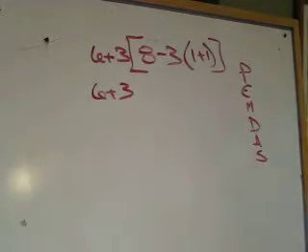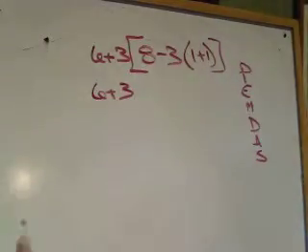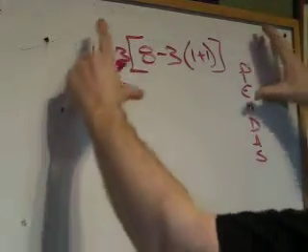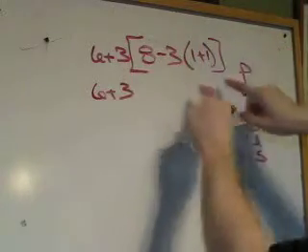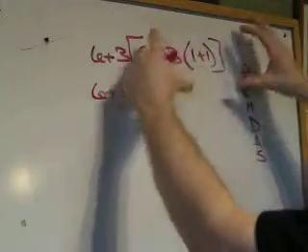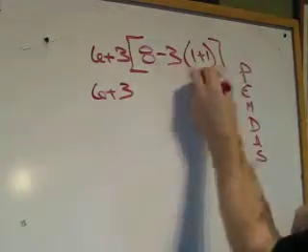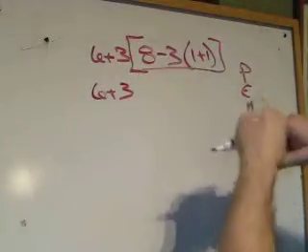Now, one of the things that's really, really important when you've got multiple sets of parentheses, brackets, braces, etc., is you start with the innermost and work your way out. So we're going to start with the 1 plus 1, do that first, and then work our way out within these. And then once we get this whole thing down to one number, we can take these off.